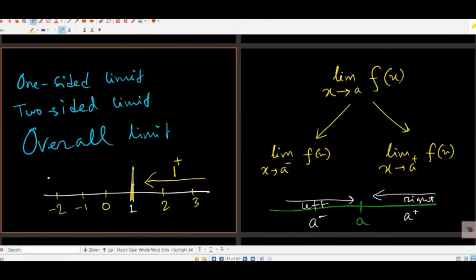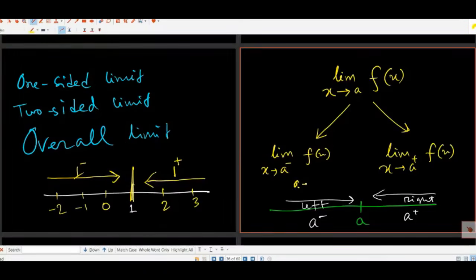If we try to come to 1 from the left side, this is called 1 minus. That's why plus and minus are just directions. It's not like a negative or a positive. This is not the same thing. These are just the directions from right or left.